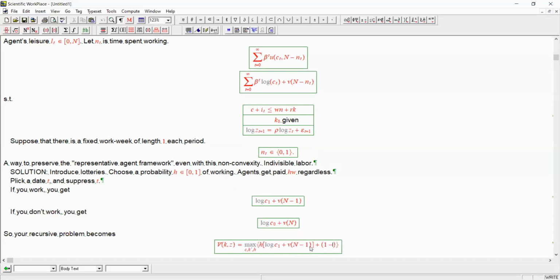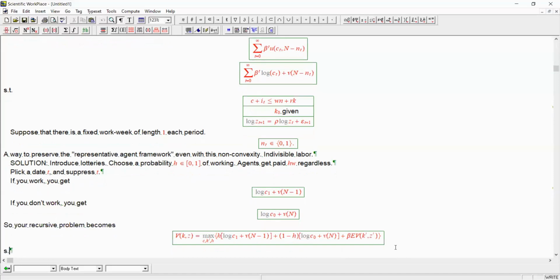With probability 1 minus h, you get this. And then we move on to the future. I'm just going to write expectation here rather than the whole integral for simplicity, since that's not what we're worried about now.